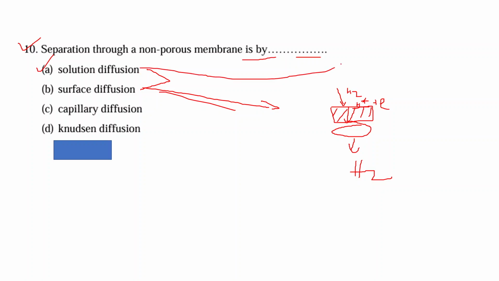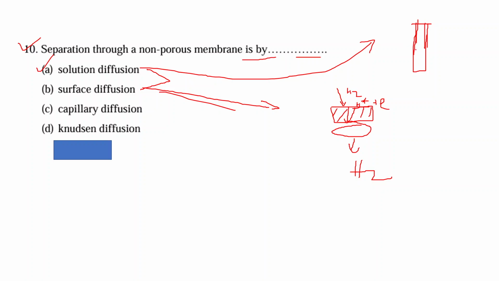And in the solution diffusion process, what happens? In the membrane there are no pores, so how will the H plus go from one side to another side? I told you the process: one is the vehicular mechanism, and another is the hopping mechanism. In the membrane there is fixed charge.